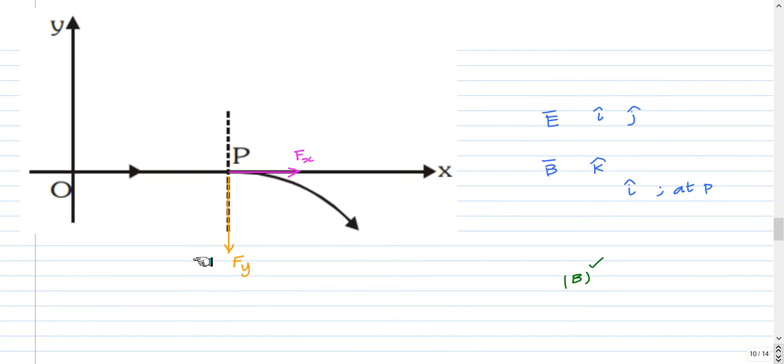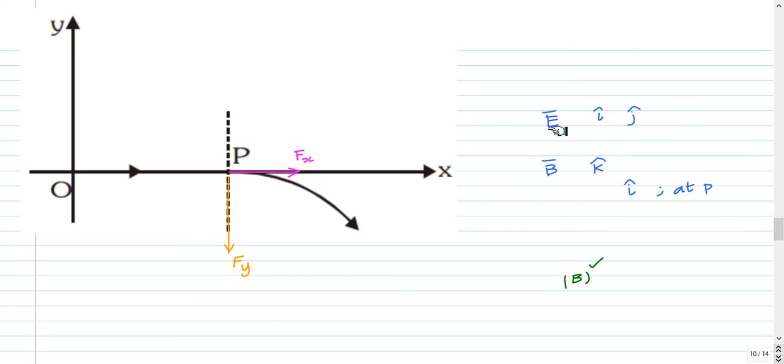So the particle is moving in the xy plane and at the point x equal to P, it suddenly starts deflecting. So there is a force acting along the x-axis. There is definitely a different force acting along the y-axis because it's getting curved in this direction, and there could be a force acting along the x-axis because the path need not be circular.